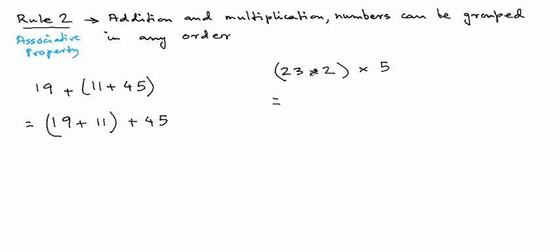Instead of putting 23 and 2 in one group or in one parenthesis, I could take the 23 out and then put the 2 and the 5 in one group. And we all know that 2 times 5 is 10. So this is going to be equal to 23 times 10. And who doesn't know that multiplying a number with 10 means adding a 0 to the end of the number? So the answer is 230. Easily done. That's why we use the associative property.